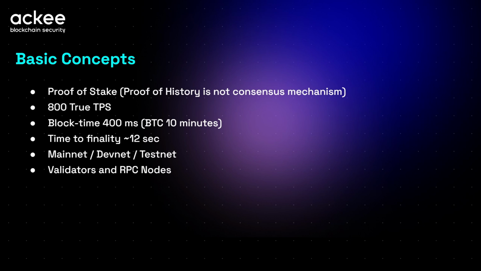But in almost all cases, they both contain the latest state. To recap, RPC nodes do not vote on the consensus, while validators vote on the consensus, on the correctness of the latest created blocks.